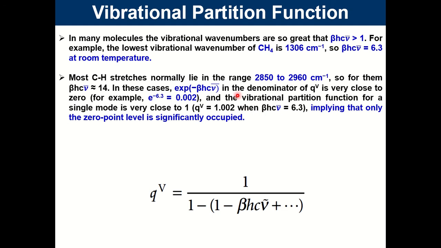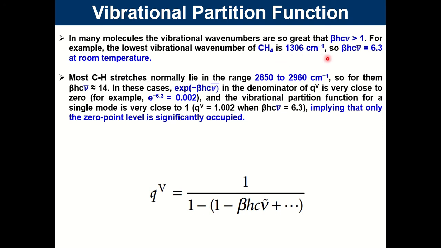So in many molecules, the vibrational wave numbers are so great, such as in the case of lighter, smaller molecules, where the stretching frequency is high, CH4. So why will it be so? You must know that now.